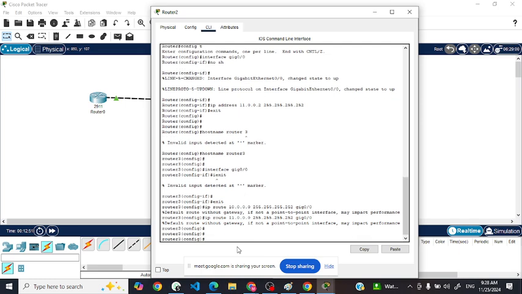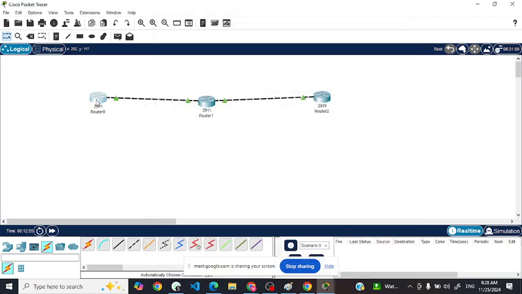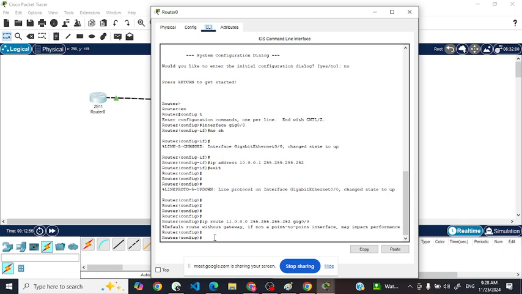Without practicing, you will not get the confidence. Here I am giving the instruction to router 1 that if you are getting any packet for destination in the 10th network, then you will have to forward it by which interface only?